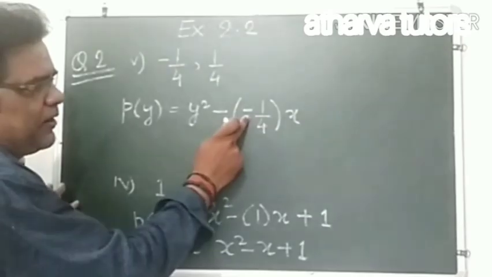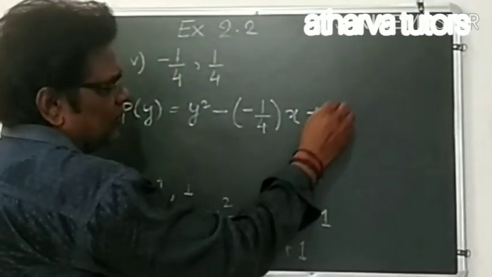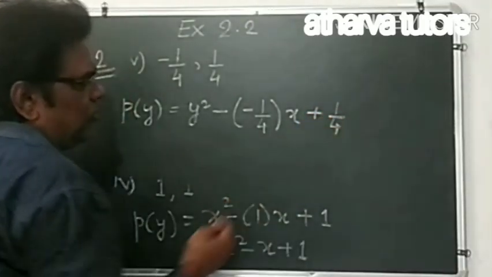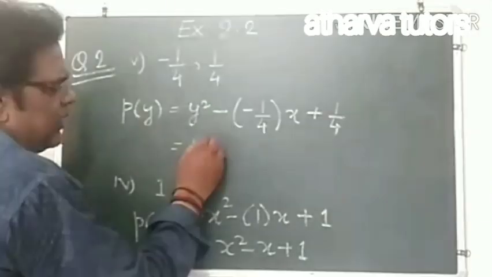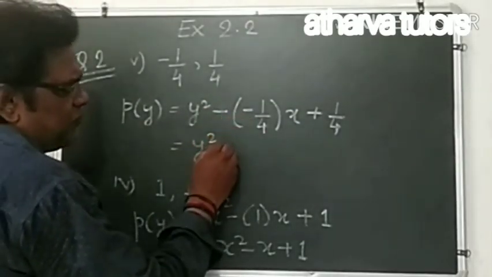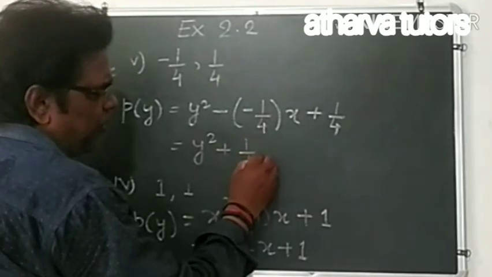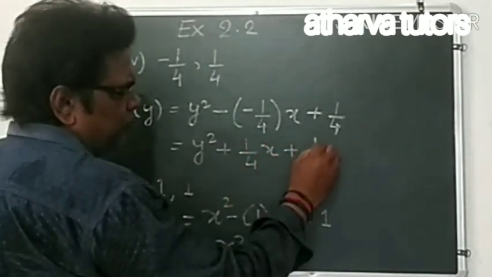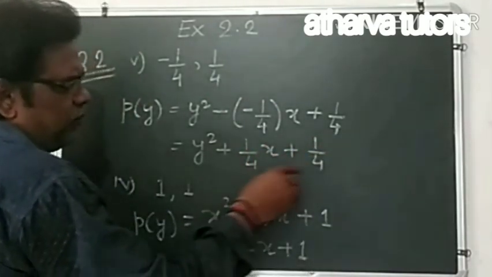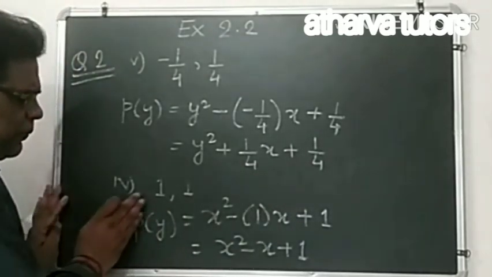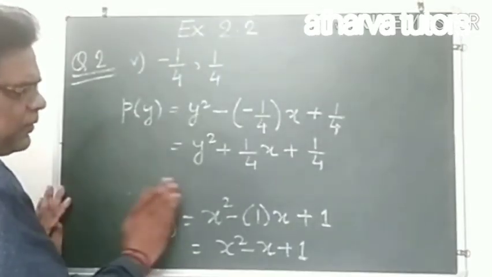So this will be y square plus 1 upon 4 y plus 1 upon 4. Now to remove this 4, we multiply all terms by 4.